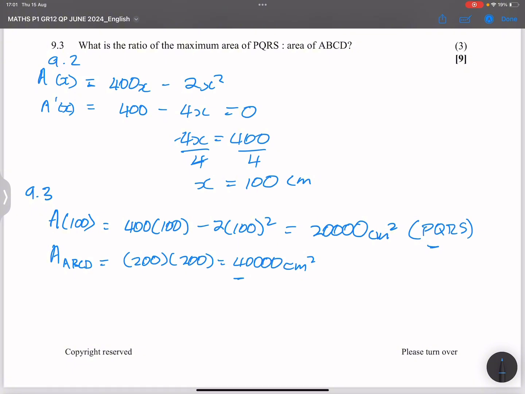So PQRS to ABCD, that will be 20,000 to 40,000. But remember, when you express a ratio, it must be in terms of its most basic units. So I can divide both sides by 20,000.